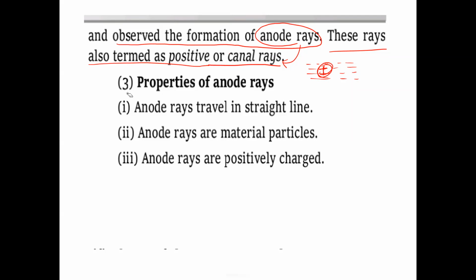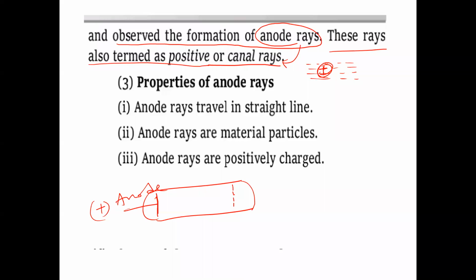Now if you take the discharge tube, suppose this is the anode plate, which has positive charge. And this is the cathode, with holes.